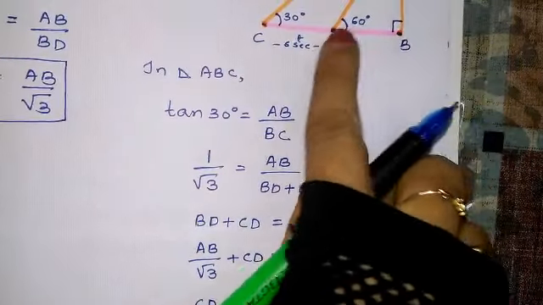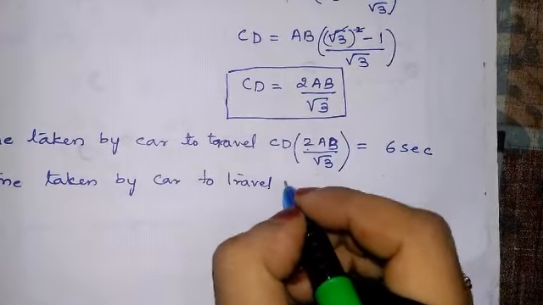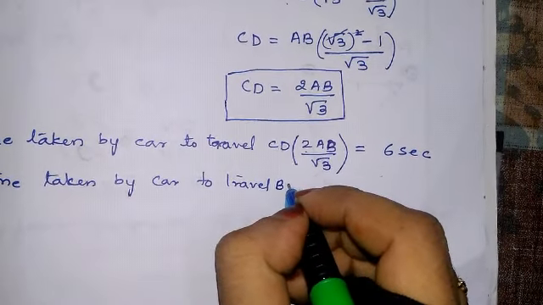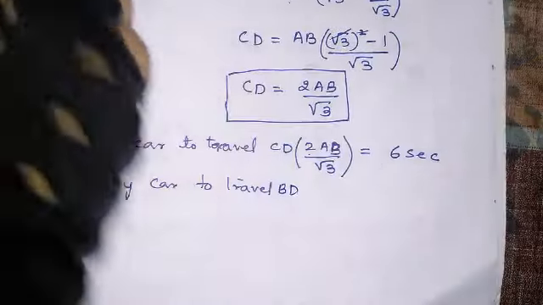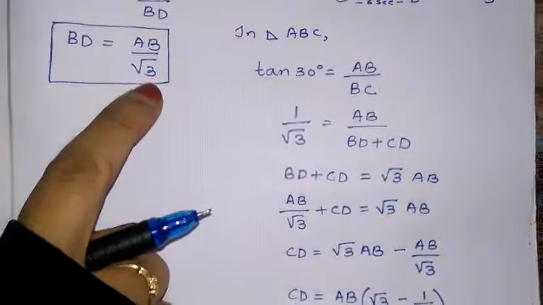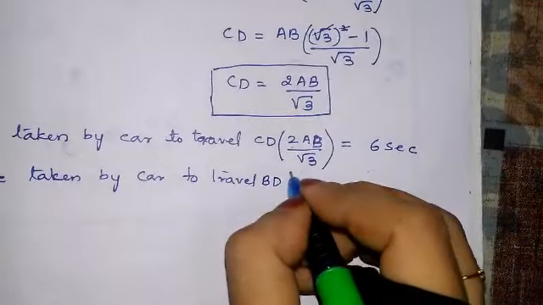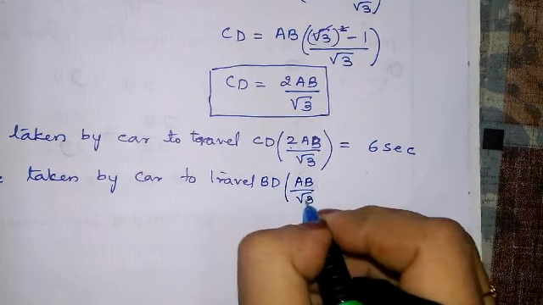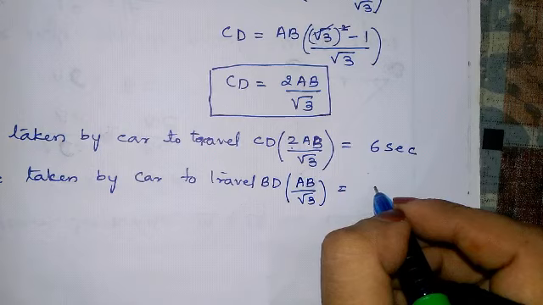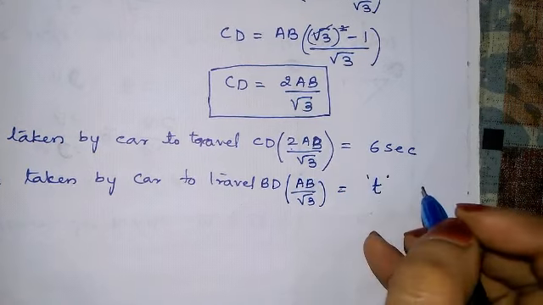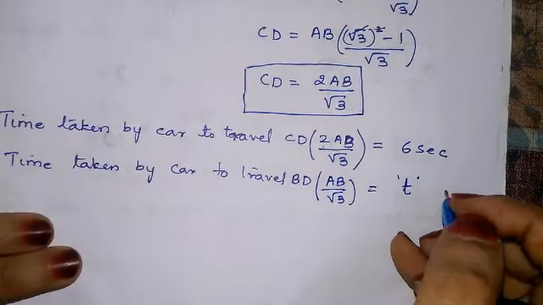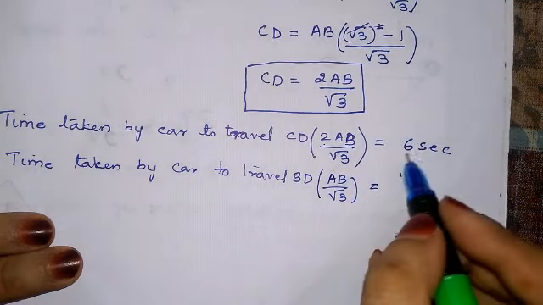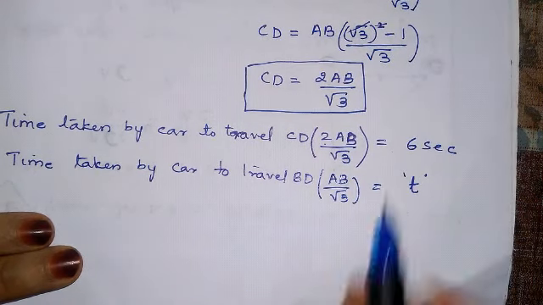Now we want BD. They have asked us to find BD only. BD value is AB by root 3. I'll write in place of BD, AB by root 3. We don't know the time, so we need to find it. So, I'll write T. How many seconds we have to find? T. Now, let us cross multiply this.